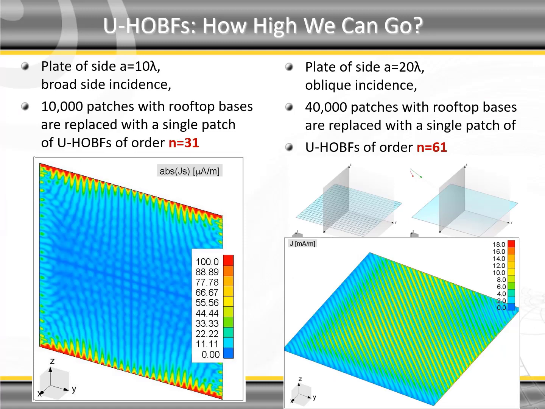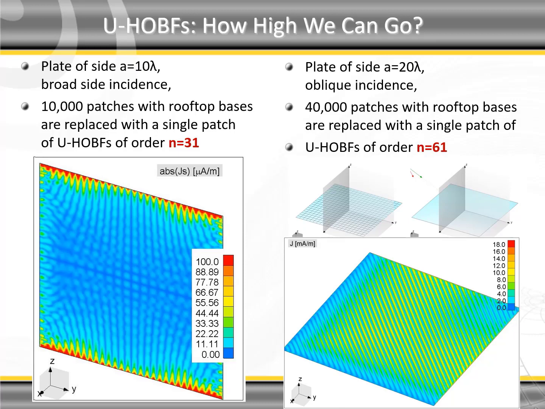How high can we go with expansion orders in the case of metallic plates? Consider square plate scatterer 10 wavelengths long with broadside incidence. Instead of using 10,000 patches with rooftop bases, we can use single patch of ultra-high order bases of order 31.